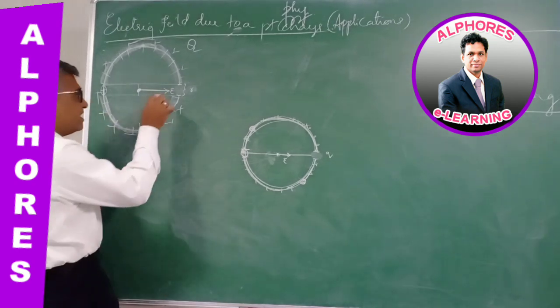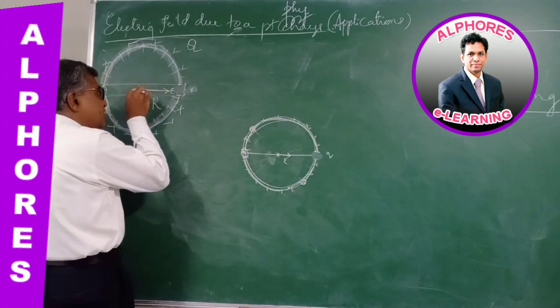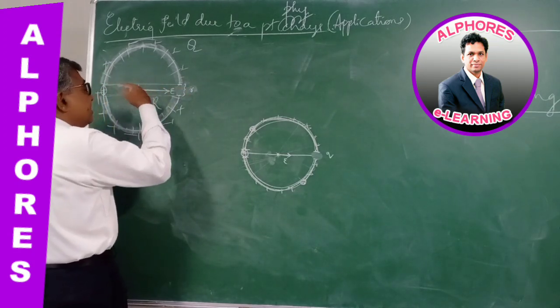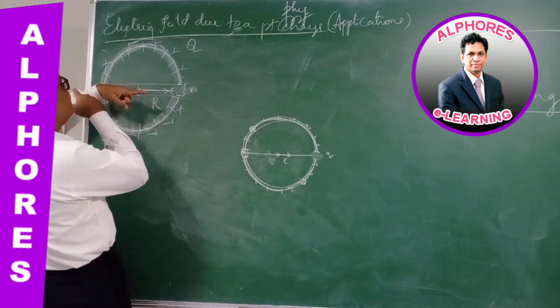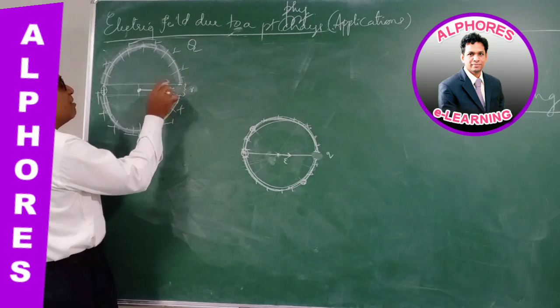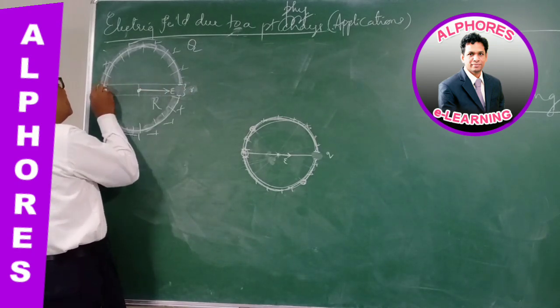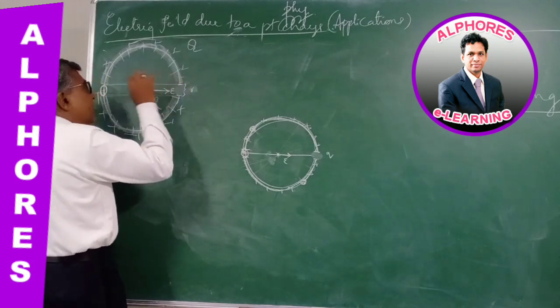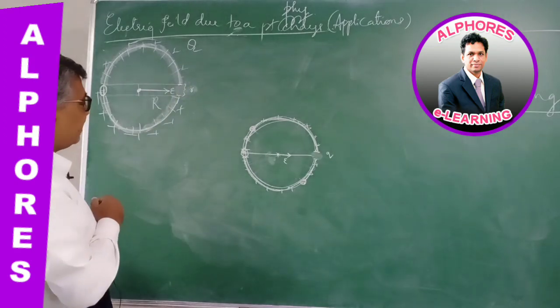But since this part is absent, the field due to this, which it was actually balancing, is also absent. Now this field remains. So whenever this part is absent, the net field here is due to the corresponding point on the diametrically opposite part of the ring there.